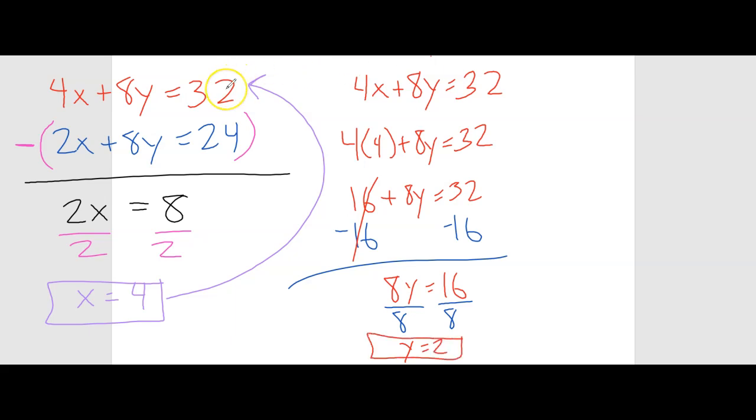So again, let's think about what does this mean? What do the variables x and y mean? Well, x represented the amount of money he got for doing laundry. Y represented the amount of money he got for doing the dishes.